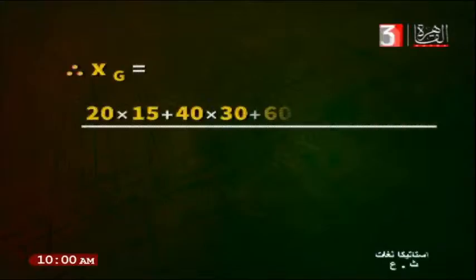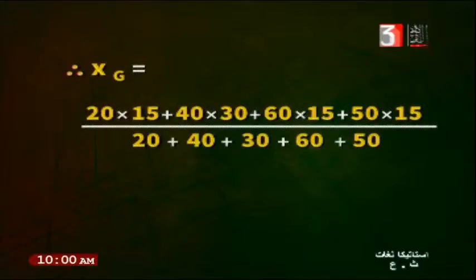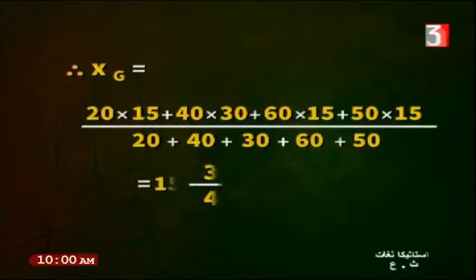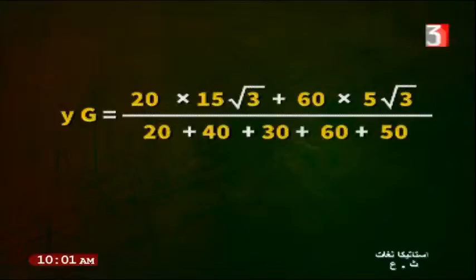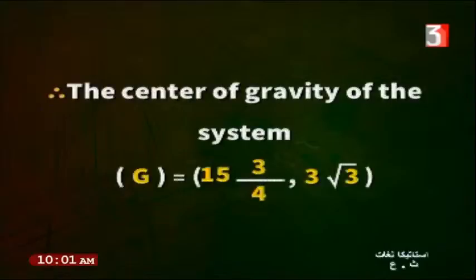Then to determine xg by using the rule m1x1 plus m2x2 up to m5x5 over the summation m1 plus m2 plus m3 plus m4 plus m5, equals 15 3/4 centimeters. yg by the same method, then we deduce that yg is 3 root 3. Then the center of gravity of the system is 15 3/4 and 3 root 3.